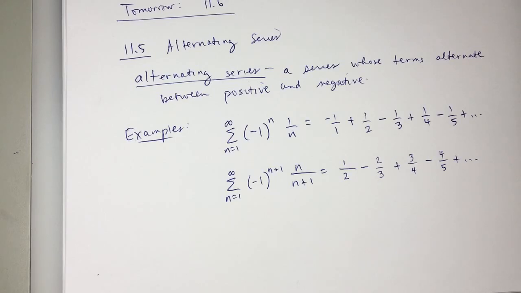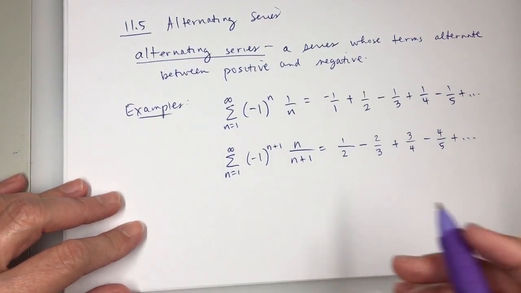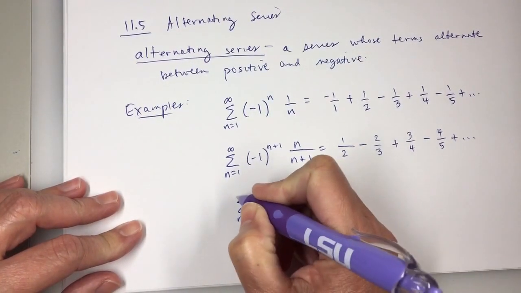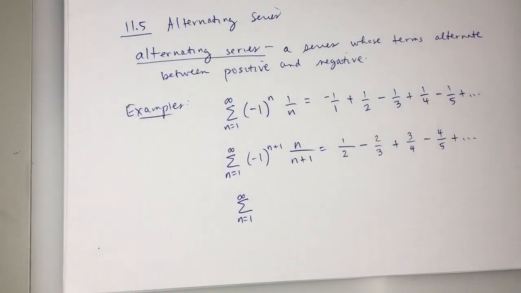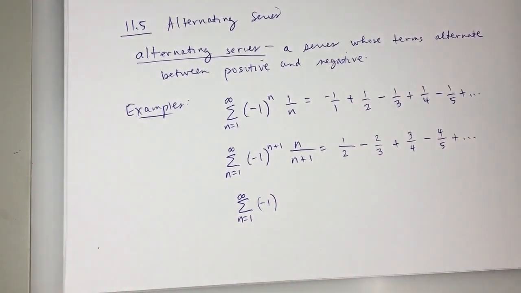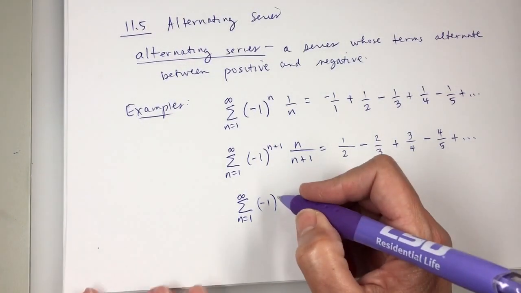What we'll do is write or think of it like this: the sum, I'll start this at 1, though we can start it at different numbers, going from 1 to infinity, of (-1) to the n, or it might be to the n plus 1, or to the n minus 1.